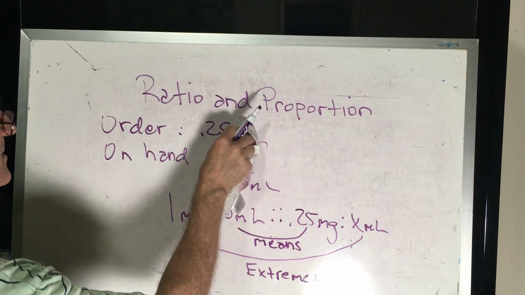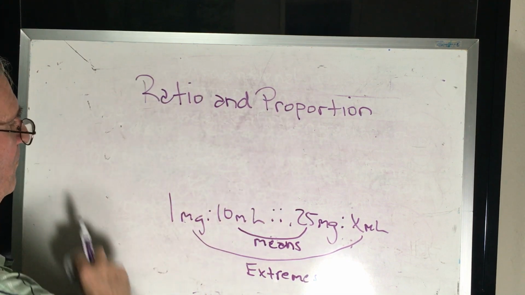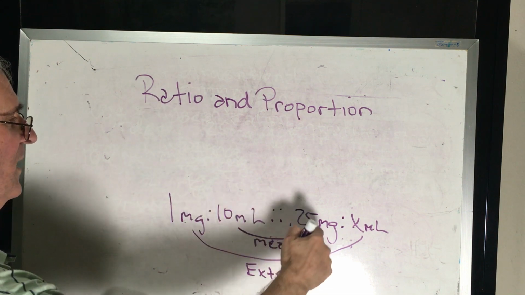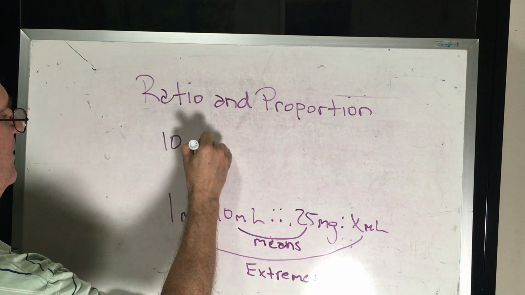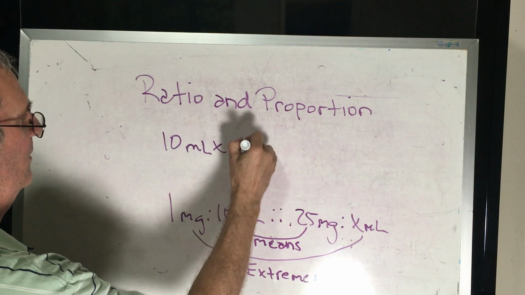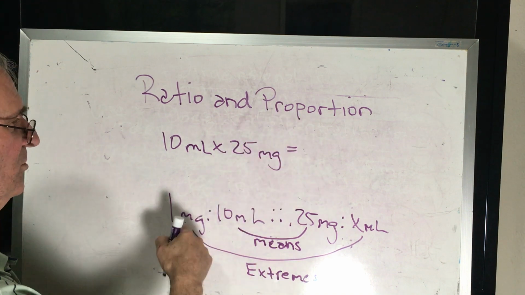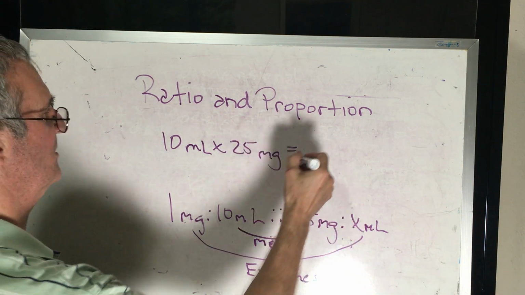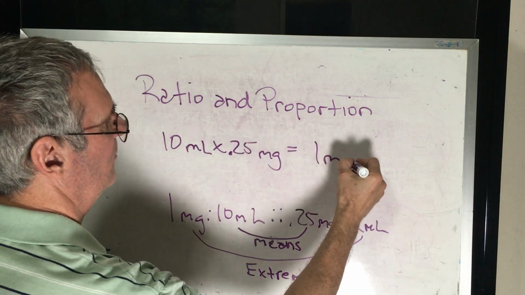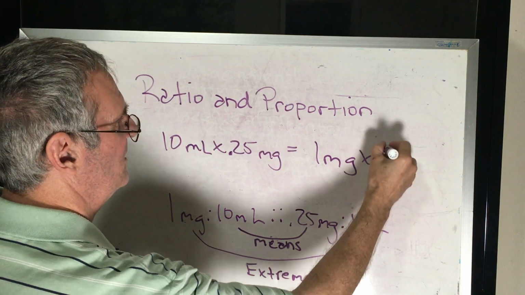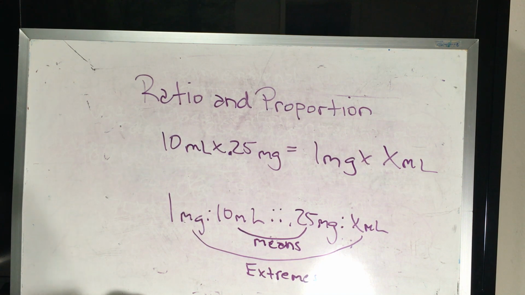So let me erase this up here so I have some room. What I end up with is 10 mils times 0.25 milligrams is equal to 1 milligram times X milliliters. So this is a solve for X kind of problem.